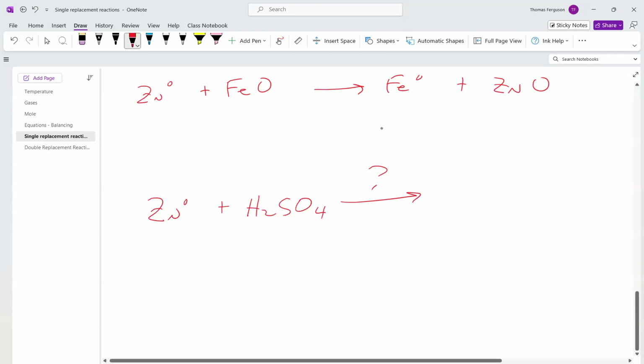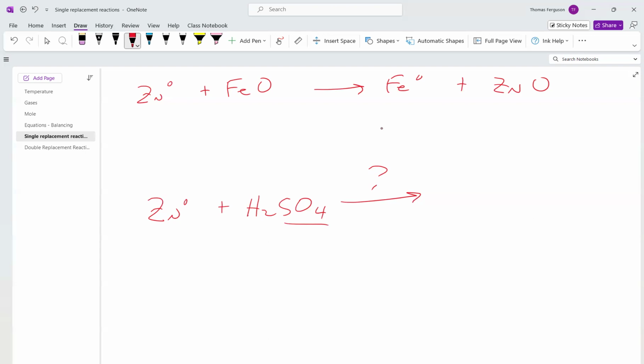Okay, so we have zinc metal, and we throw some sulfuric acid on it. What are the possible spectator ions here? It's going to be the sulfate again, SO4, spectator ion, and its charge is -2.